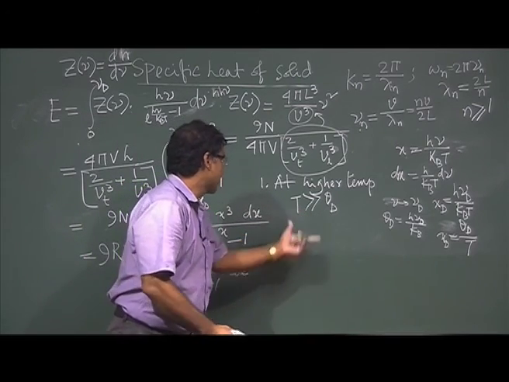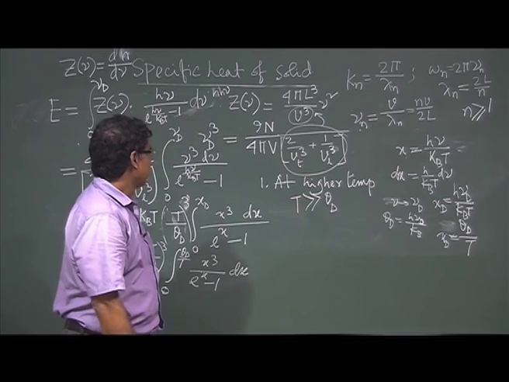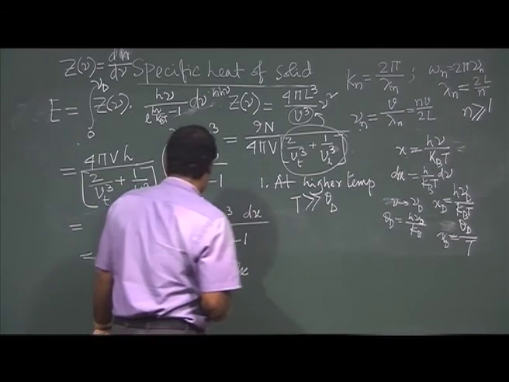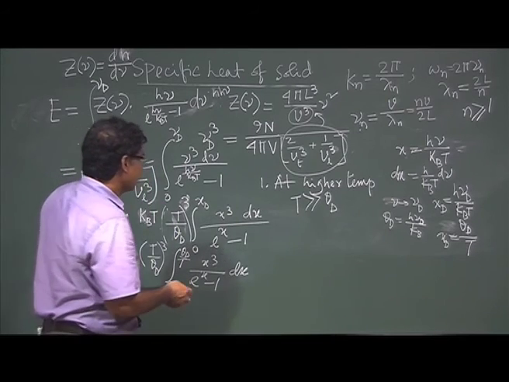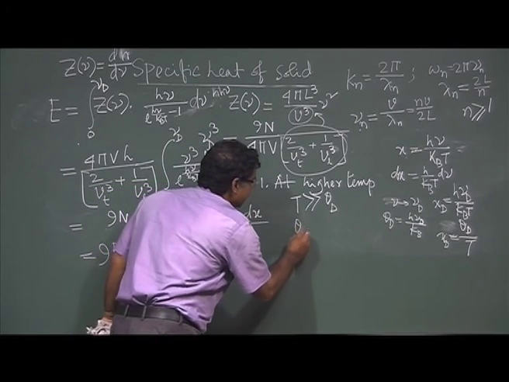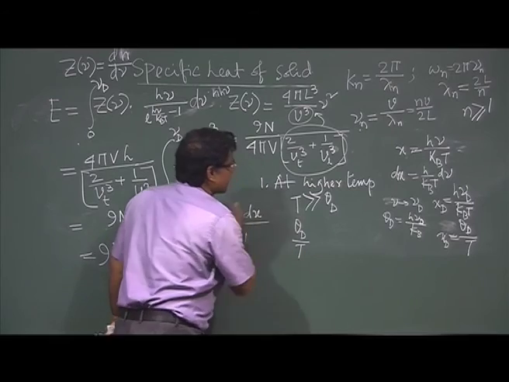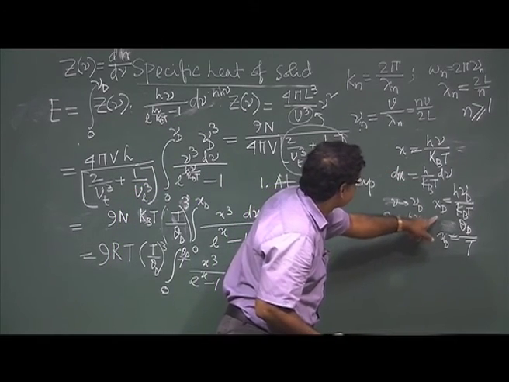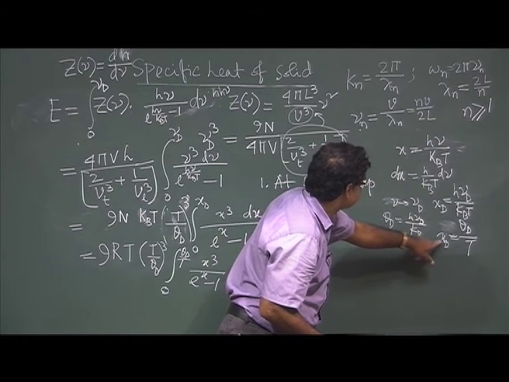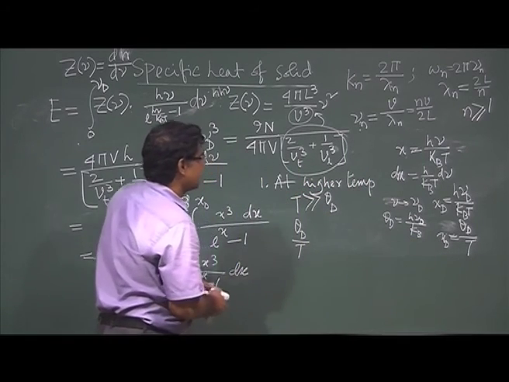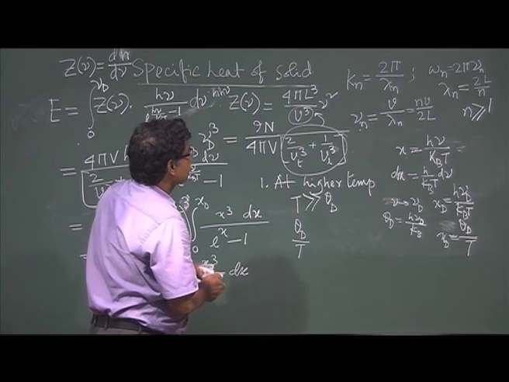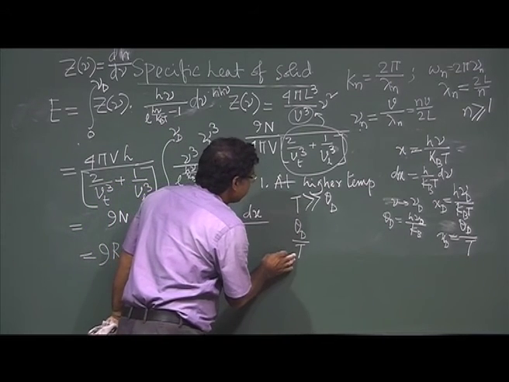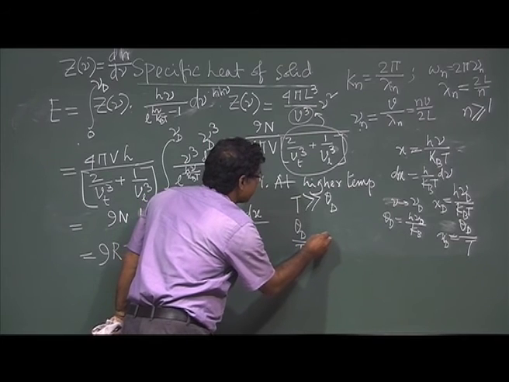So, then one can find that theta d by t is nothing but x d, that is x t.